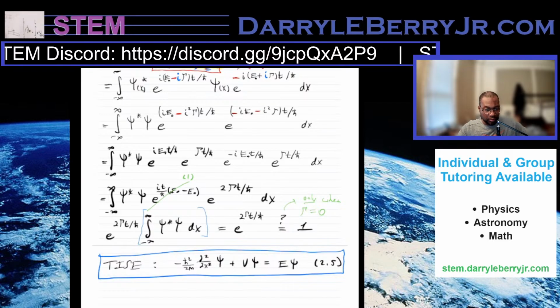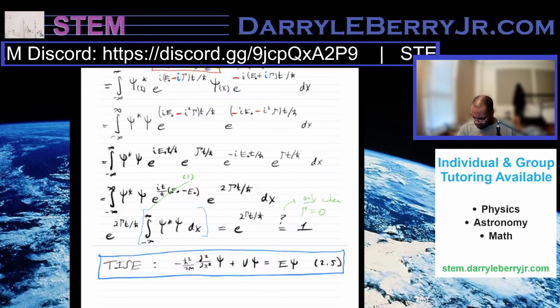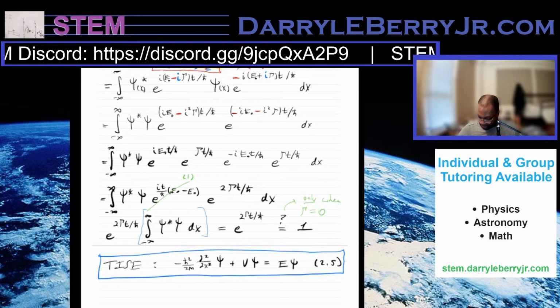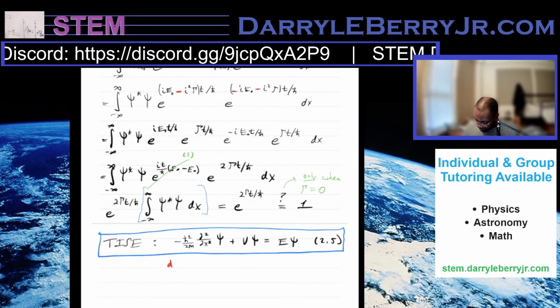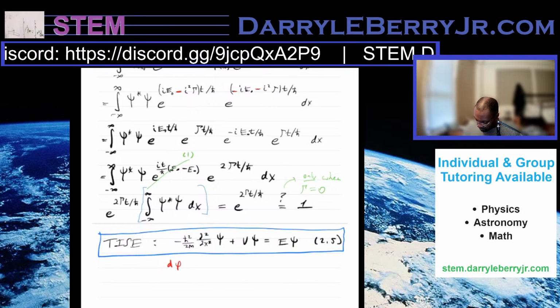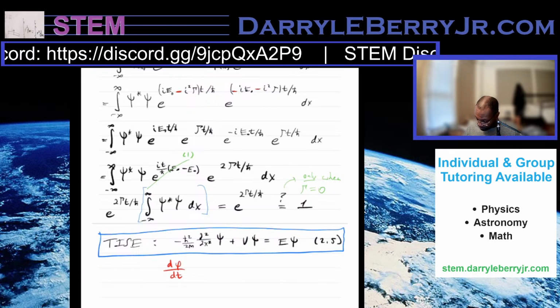There's also a 2.4, but we don't normally deal with the time one. But maybe I should write that just in case. So the 2.4 deals with time.